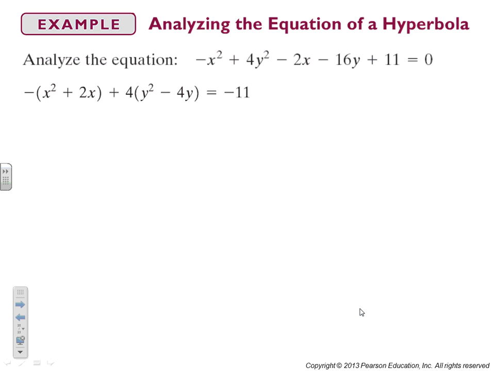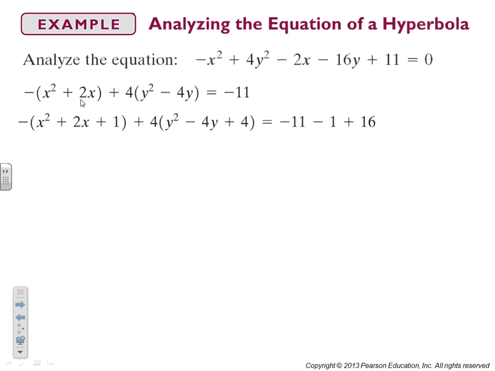Okay, so if we put everything onto the right-hand side and group our x's and y's together, remember I need each squared term to have a coefficient of 1. So you're going to factor out whatever the squared coefficient is. In this case, for y squared it's 4, and for x squared it's negative 1.